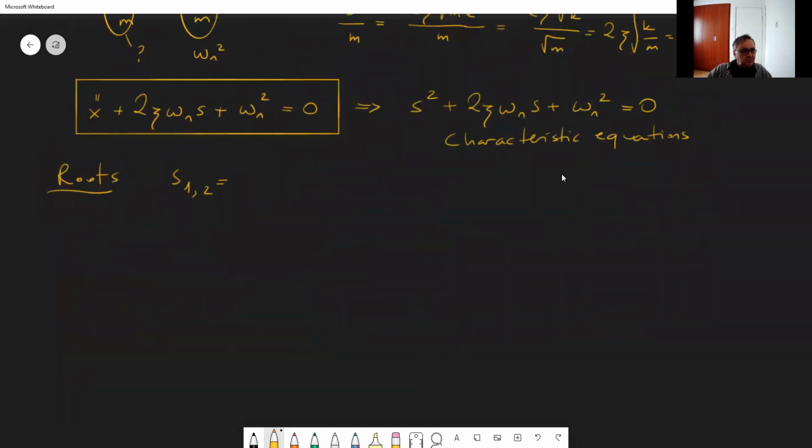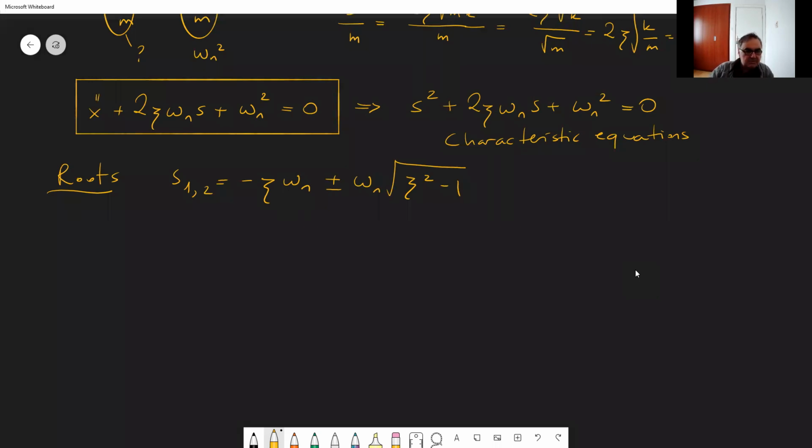This is much more convenient, as we will be seeing. It is the solution of this quadratic equation: minus zeta omega n plus minus omega n root zeta squared minus 1. We will use this.